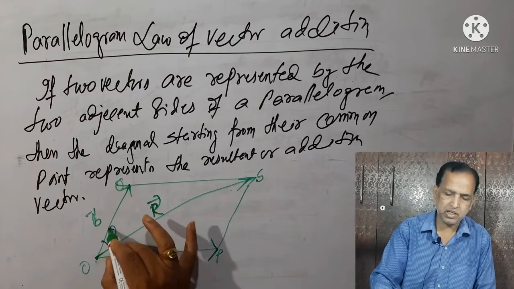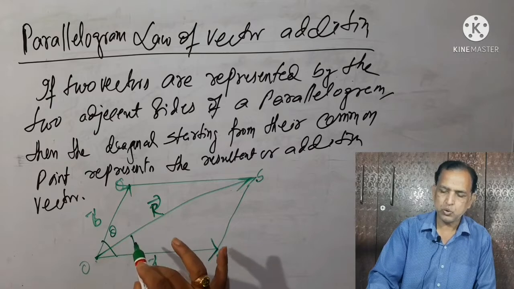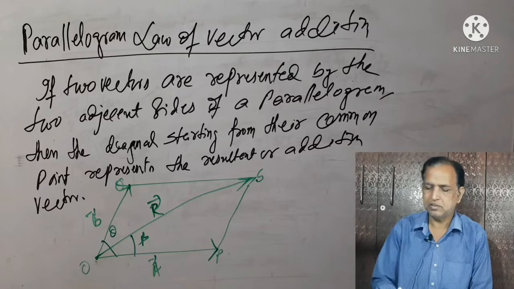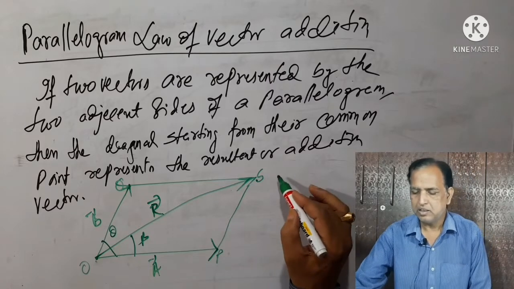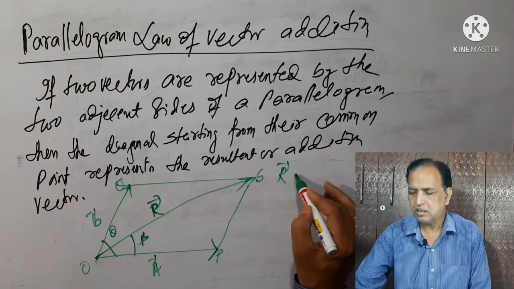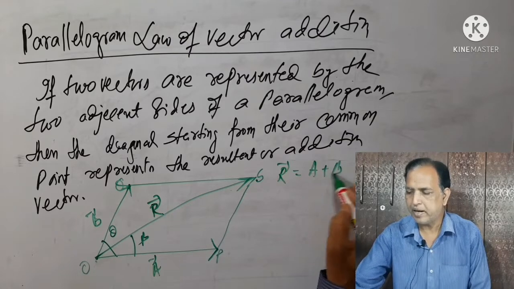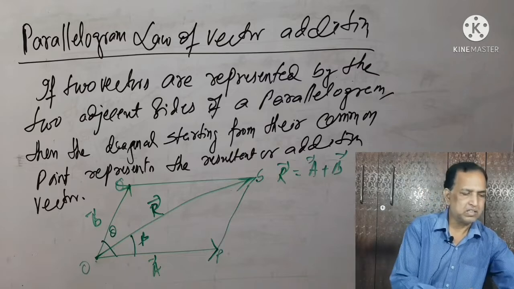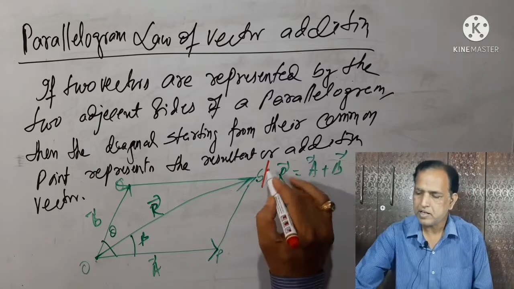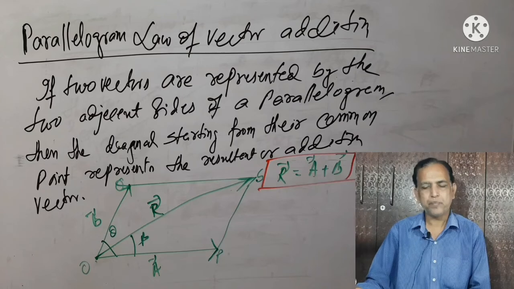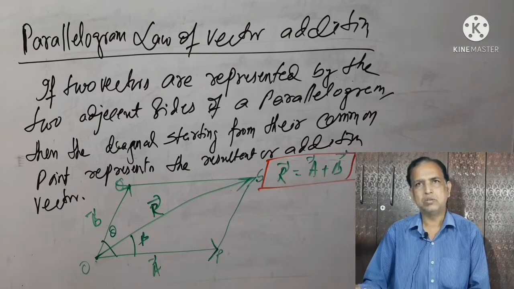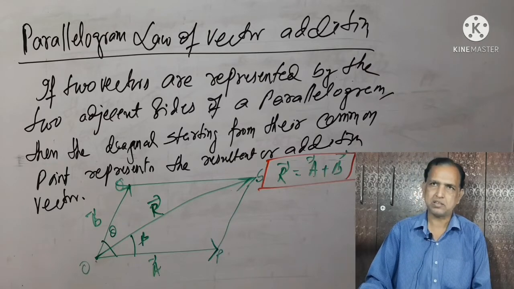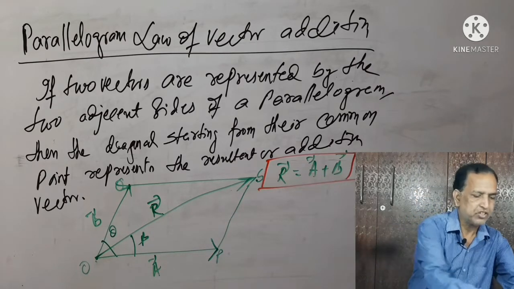The angle between A and B is theta, and the angle between A and R is beta. So R is the resultant of A and B. Now we can find out the magnitude and direction of the resultant R.